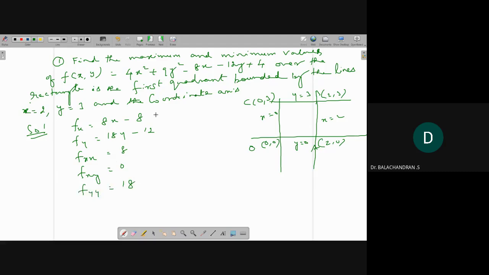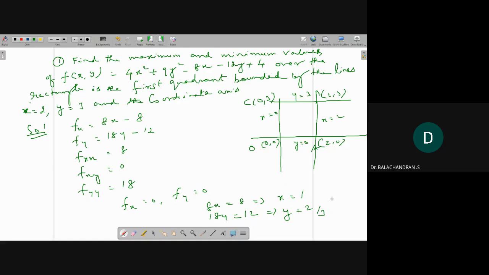Now, if we equate fx equal to 0 and fy equal to 0, so I get 8x minus 8 equal to 0, 8x is equal to 8, this implies x is equal to 1. And fy equal to 0, that is 18y equal to 12, implies y equal to 2 by 3.